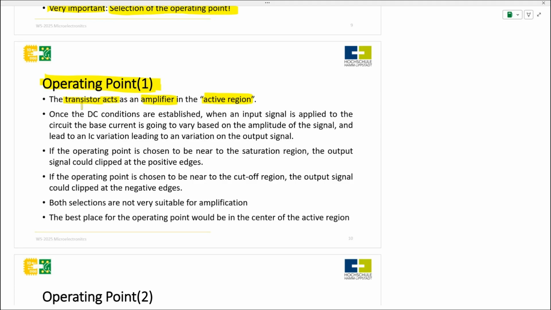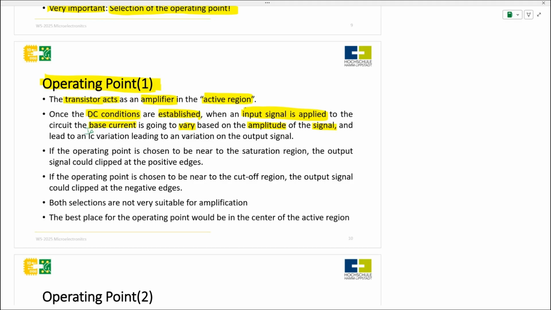Once the DC conditions are established, when an input signal is applied to the circuit, the base current is going to vary based on the amplitude of the signal.